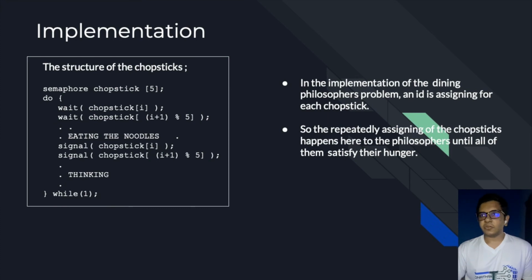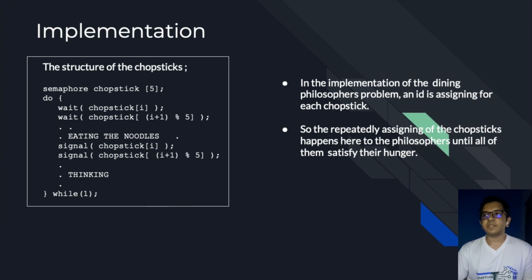So explaining the code, we will be applying a semaphore. Semaphore is waiting and signaling until, according to the scenario, the two chopsticks are assigned to the philosophers. So we will be waiting until the chopstick is assigned to the philosopher.